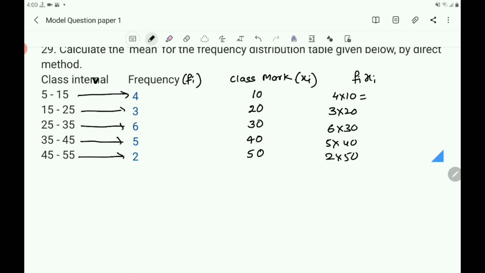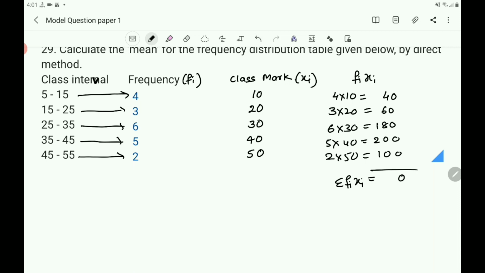Then you will get 40, 60, 6 into 30 is 180, 40 into 5 is 200, and 50 into 2 is 100. Then find summation of Fi Xi, the sum of all these.